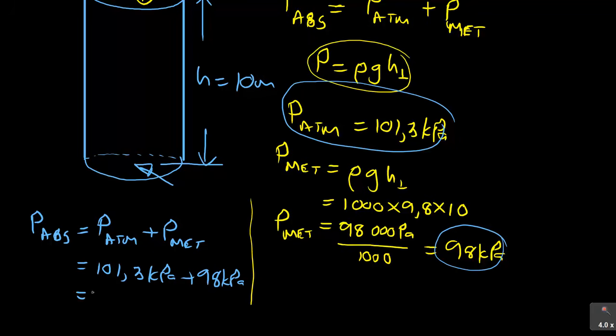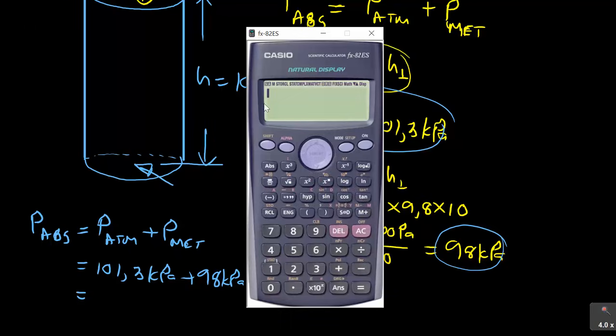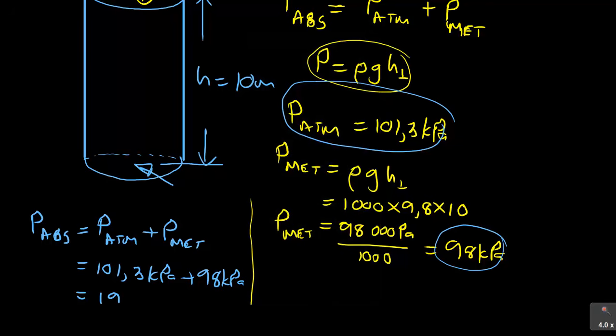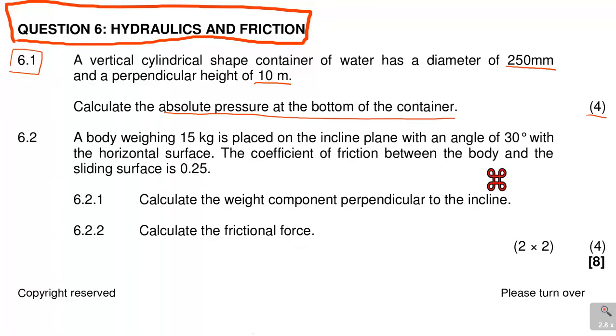The answer is 101.3 plus 98, which gives me 199.3 kPa. So that is the answer for the absolute pressure. The question was to calculate the absolute pressure at the bottom of the container. And then the main lesson I'm actually earmarking is question 6.2. That was the reason mainly.